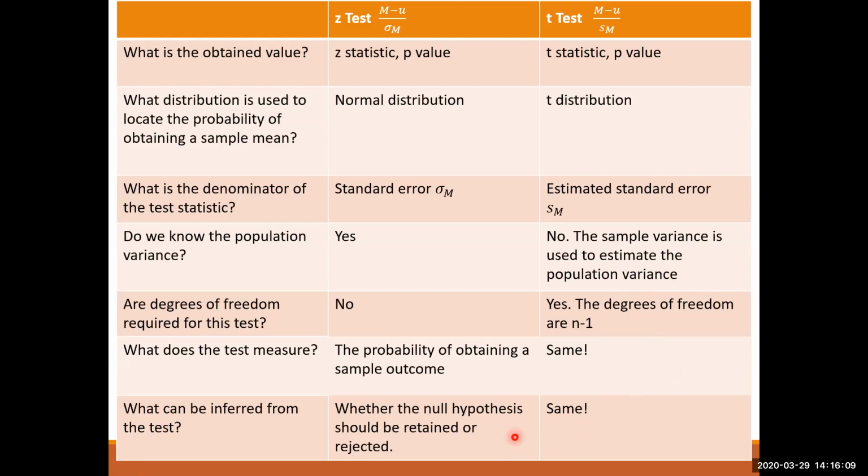It's a little more consistent with the statistical probabilities, and putting those into a concise wording. That said, your textbook likes to use the word retain. So fail to reject the null hypothesis is the same thing as retain. So we'll stay consistent to the textbook and use retain instead of fail to reject the null hypothesis.